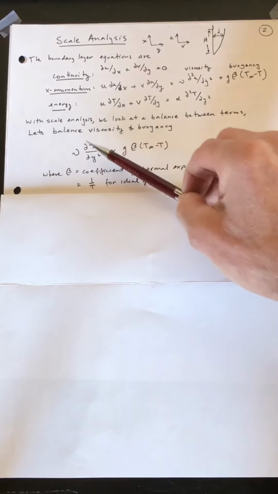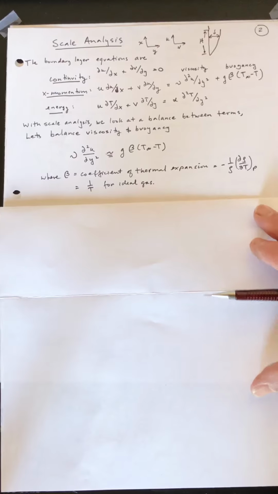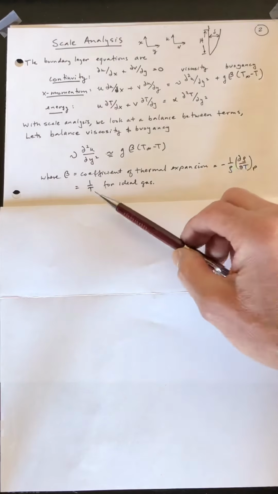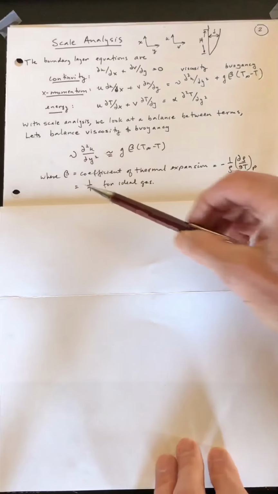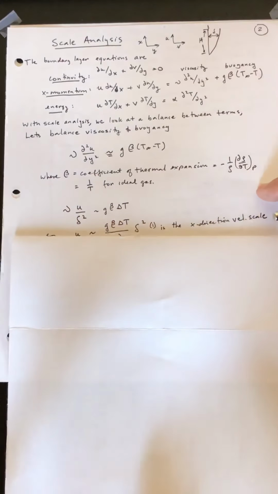And so we'll just have the viscosity term on the left and the buoyancy term on the right. Now what is beta? That's the coefficient of thermal expansion, and that's equal to minus 1 over the density times the change of density with temperature at constant pressure. If you put the ideal gas law into here, that's just equal to 1 over T. But again, when you do the homework problems, T is always in degrees Kelvin because it's from the ideal gas.